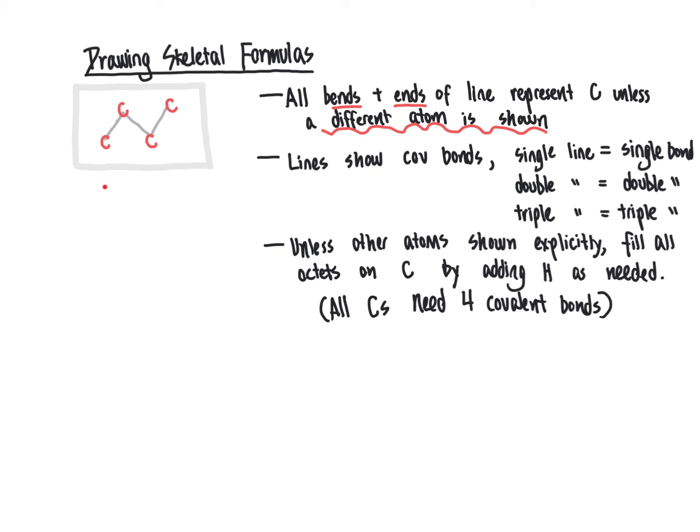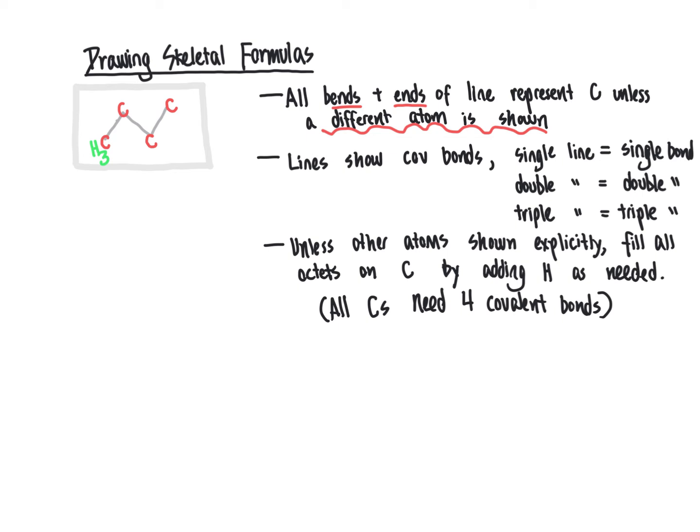At the left-hand end of this molecule, our carbon right here has just one covalent bond shown explicitly to another carbon. So what's implied here is that there have to be 3 bonds to hydrogen to fill the octet on that particular carbon. So we could fill that in as CH3 there to give the 4 total covalent bonds, with 1 covalent bond going to the next carbon in the chain and 3 going to the hydrogen atom.